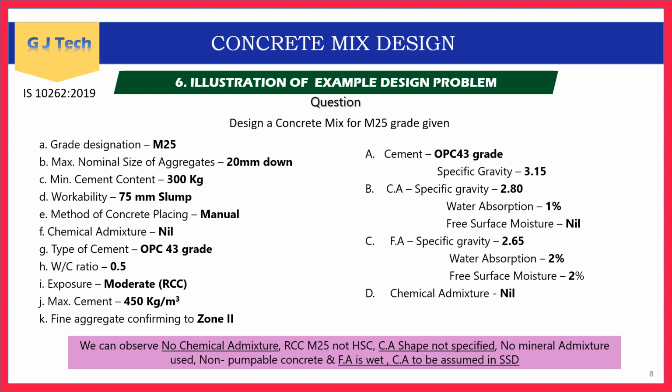We can observe there is no free surface moisture for coarse aggregate, but free surface moisture is available for fine aggregate. This indicates that the fine aggregate is wet. All these points are to be noted before going into the mix design, so we need to understand the data given in order to design the concrete with better precision.